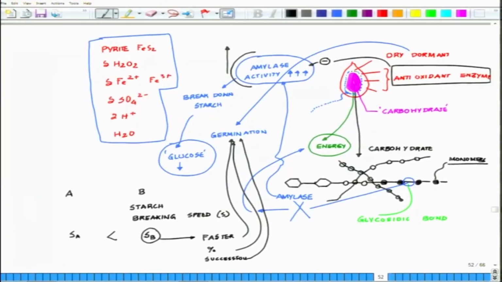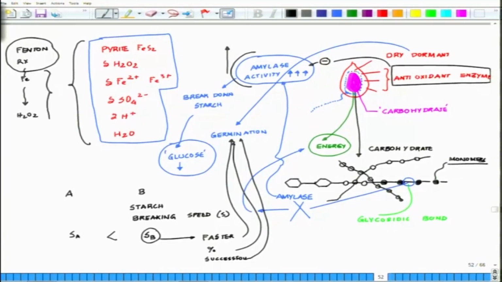Now, having said this, I will come back and visit this molecule now. If you remember one old reaction called the Fenton reaction, where in the presence of iron you produce hydrogen peroxide, a very old chemistry. I will request you to look at the Fenton reaction.